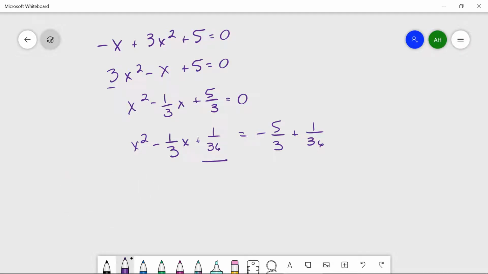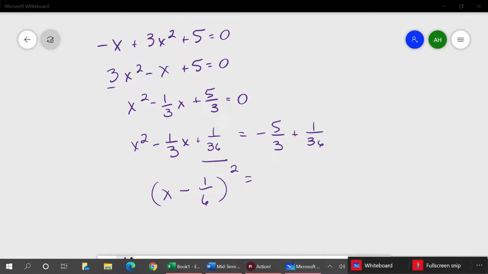All right, so now we're going to take this and find the factors of it. Remember I told you, the square root of the x squared is x, and the square root of the 1/36 is 1/6. This needs to be negative, therefore this is going to be negative, and this is going to be squared.